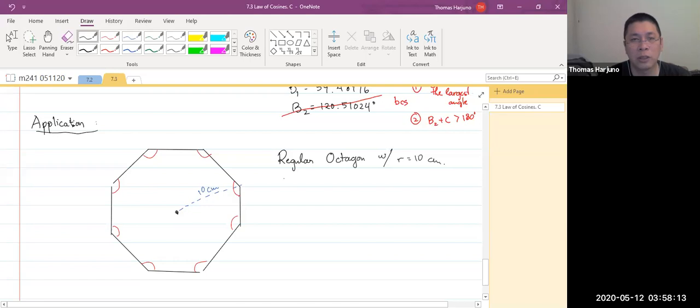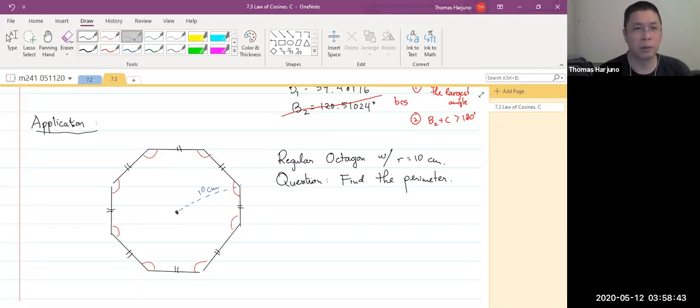And the question is, find the perimeter. Now we have 8 congruent sides. So once I know the length of one side, I multiply that by 8, I will get the perimeter, right?